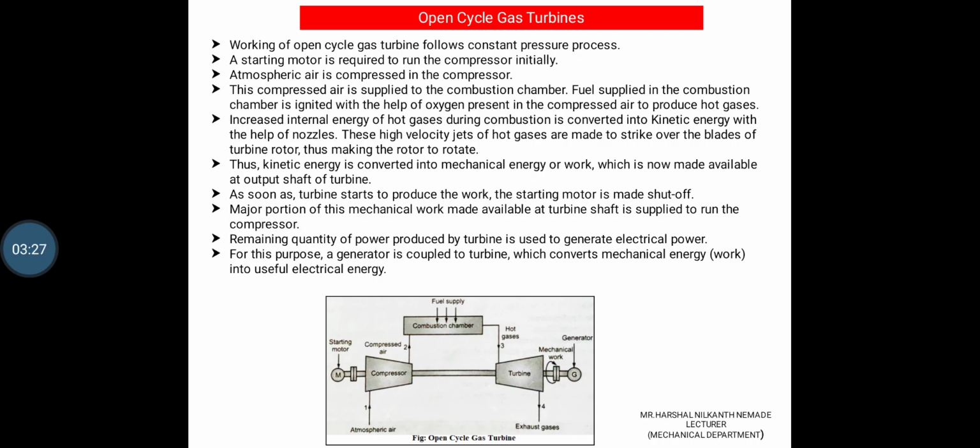A major portion of this mechanical work available at the turbine shaft is supplied to run the compressor. The remaining power produced by the turbine is used to generate electric power. For this purpose, a generator is coupled to the turbine, which converts the mechanical work into useful electrical energy. You may see the figure.